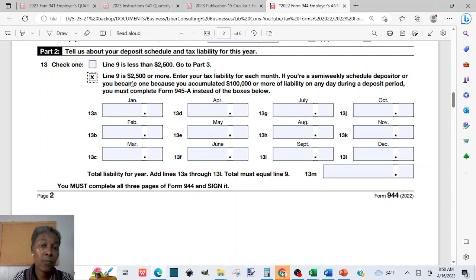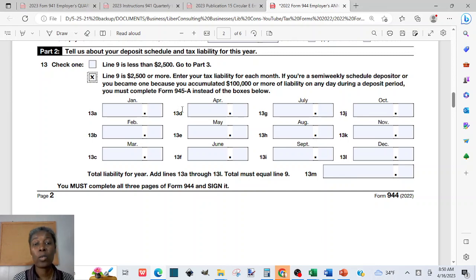If there is no non-refundable credit to offset it, our line 9 will most likely be $5,000, and therefore the second box will be checked on line 13 of Form 944 and we will be asked to break down that line 9, $5,000, on a monthly basis, to show how our tax liability is broken down, and the total should match line 9.